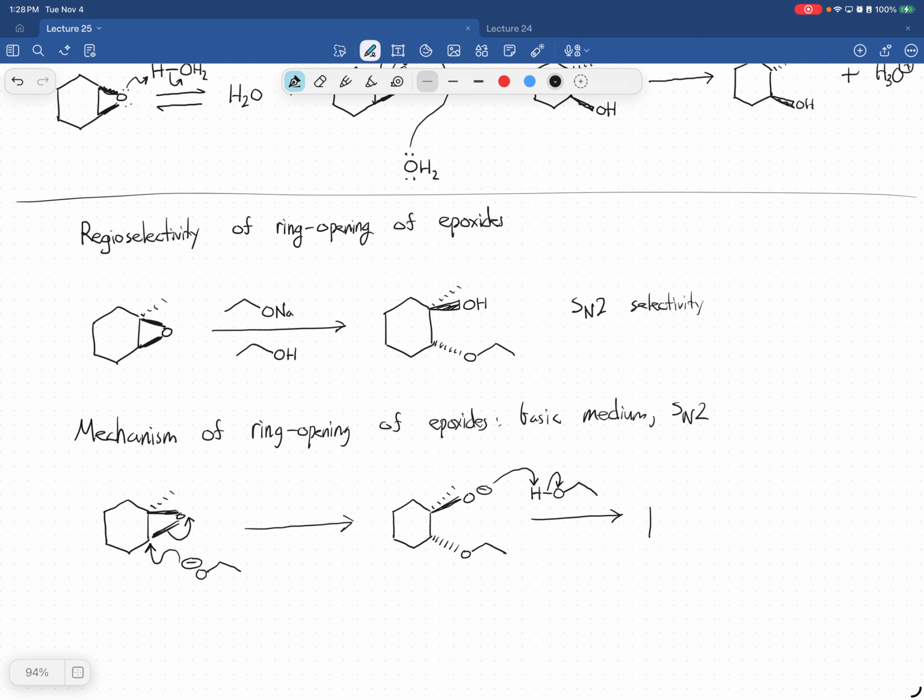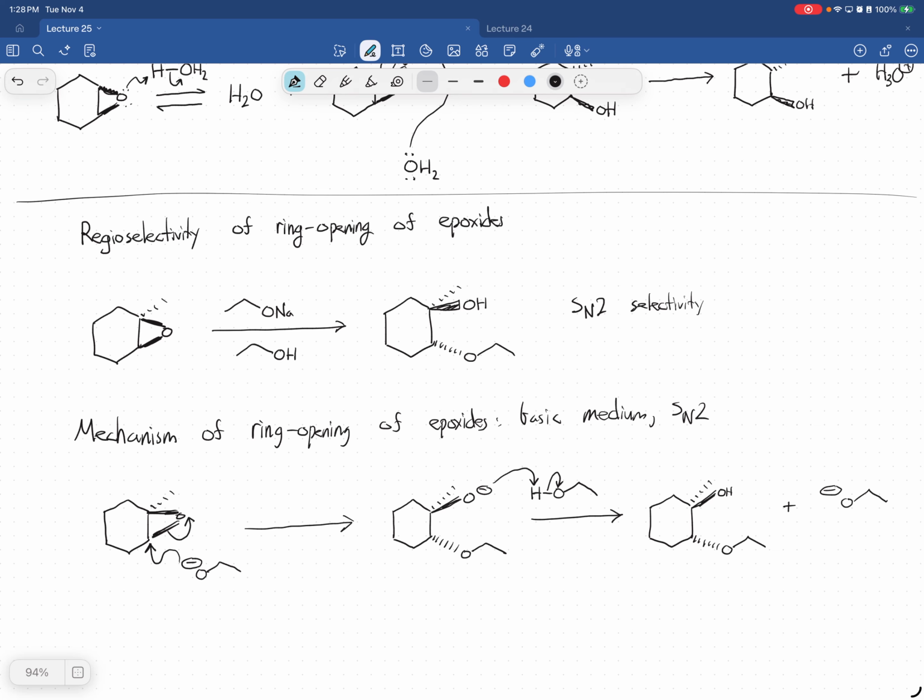You see here, the final product, we got the protonated alcohol, ether alcohol. And what's left over is the conjugate base of ethanol. So basically the group that left after the acid was donated.